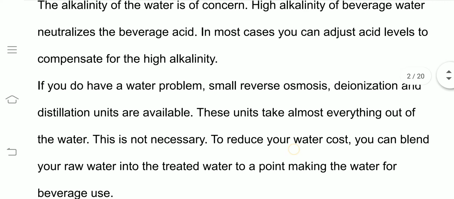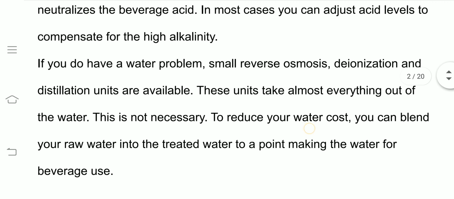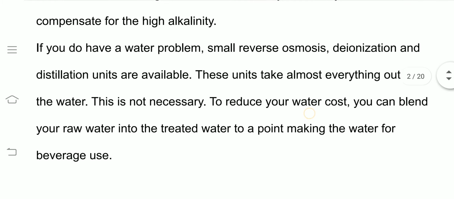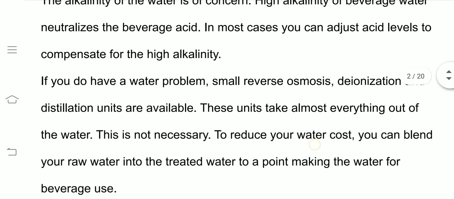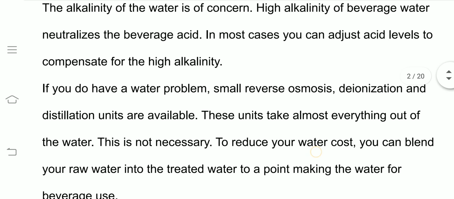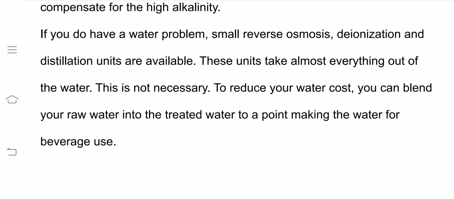So in most cases, acid levels can be adjusted to compensate for high alkalinity. But for commercial manufacturing process or high level manufacturing process, alkalinity should be removed, and it can be removed by reverse osmosis, that we know, RO system, deionization and distillation unit.